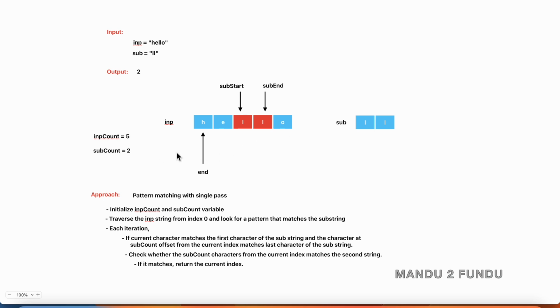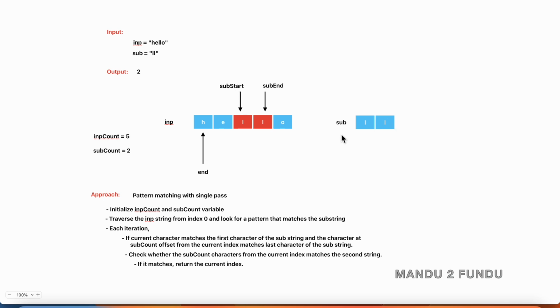In this case, the pattern is that the current character pointed to by the end pointer matches the first character of the substring, and the character which is subcount -1 positions away from the end pointer matches the last character of the substring.